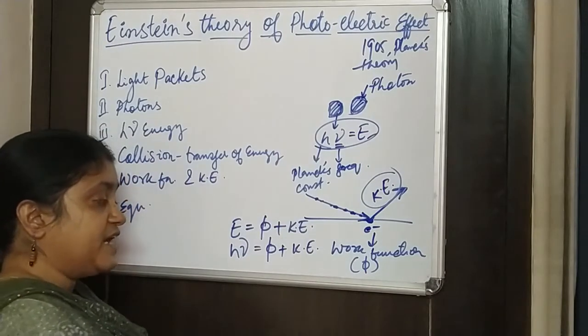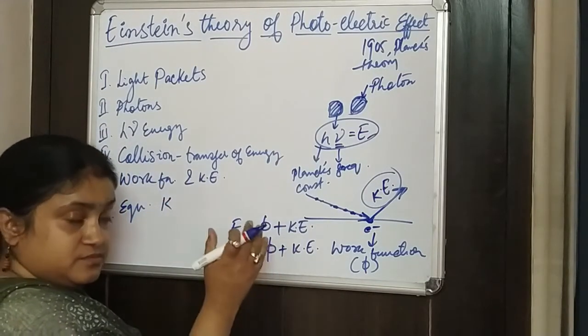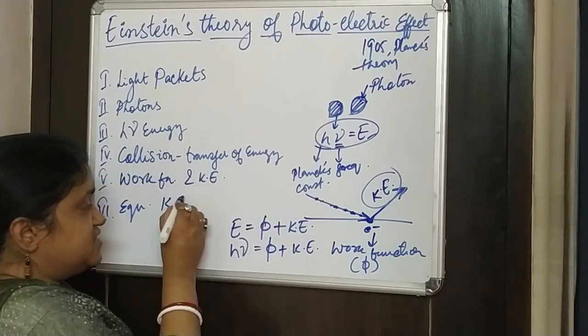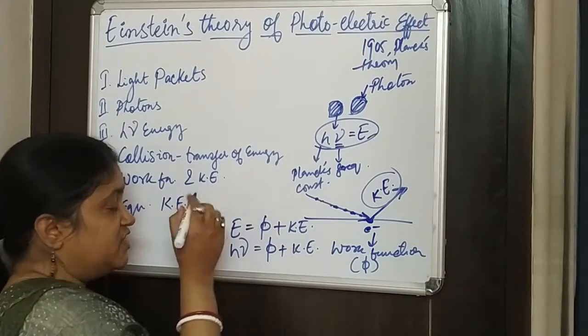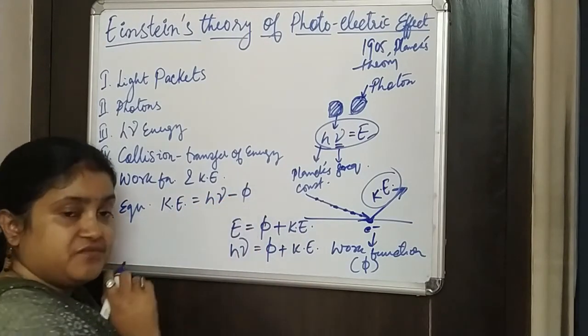So from here we get Einstein's equation, which says that the kinetic energy of the electron would be equal to h nu minus phi.